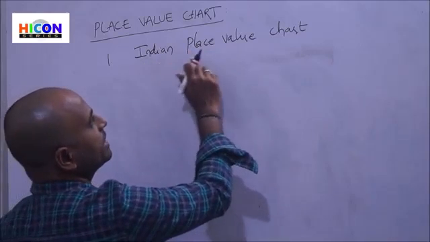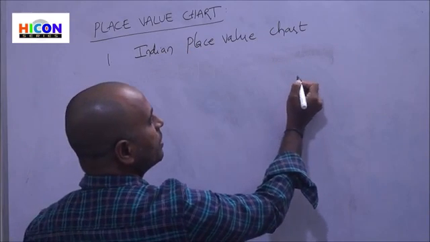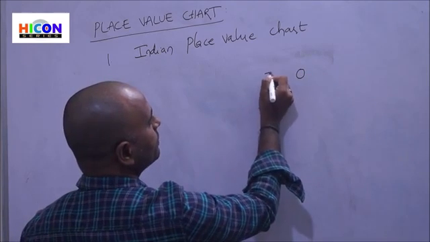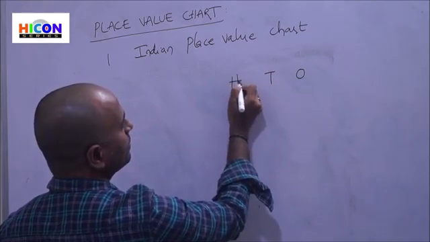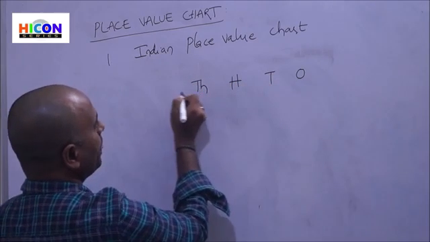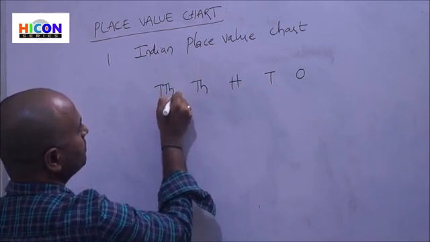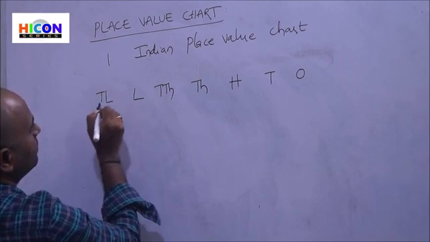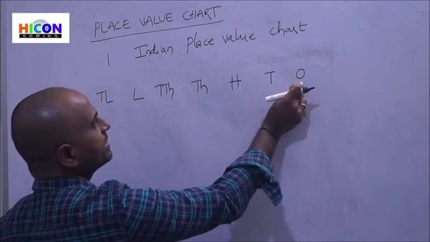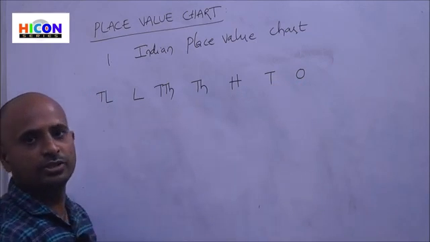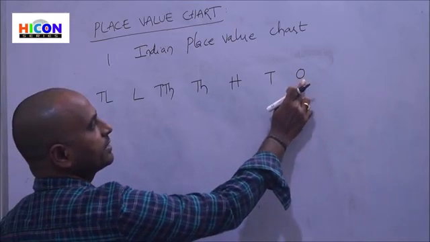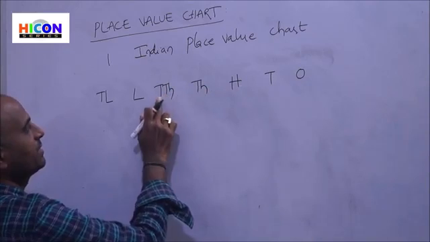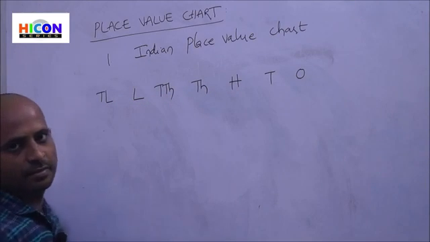In the Indian place value chart, we start with ones, tens, hundreds, thousands, 10,000s, lakhs, 10 lakhs. So these are the places in the Indian place value chart.